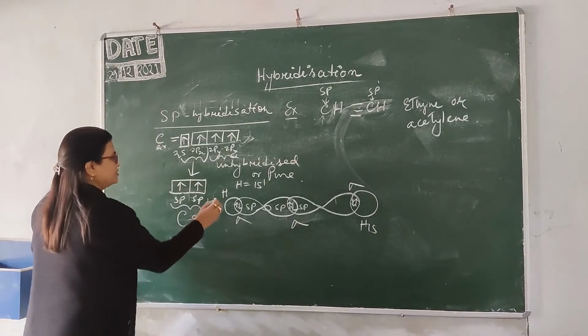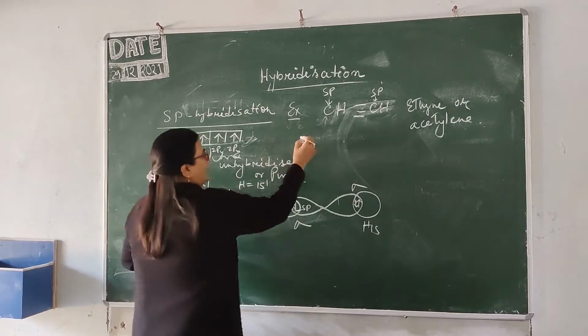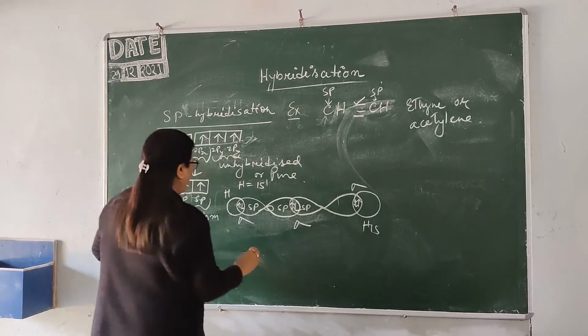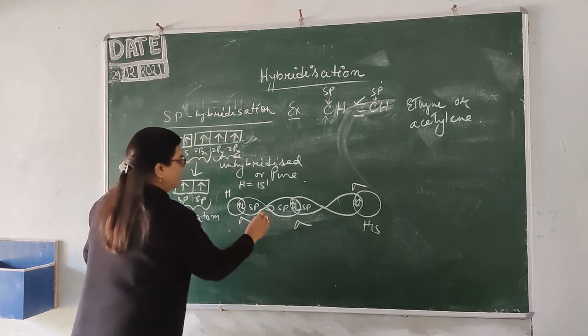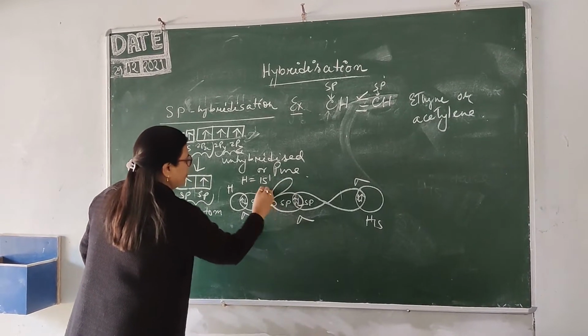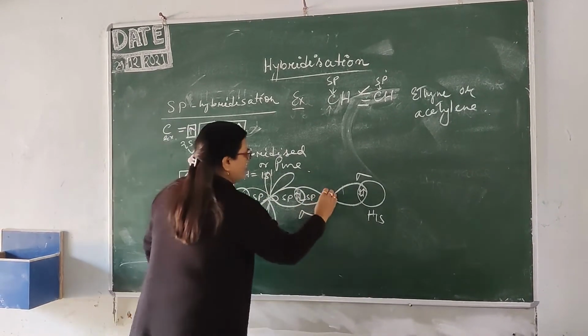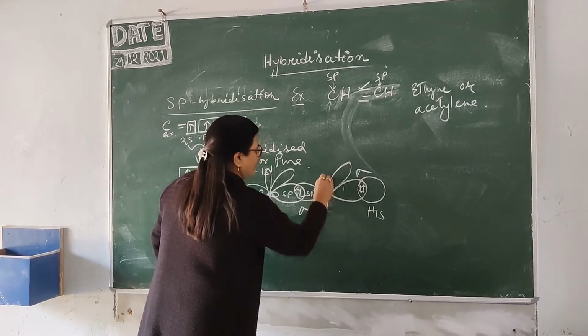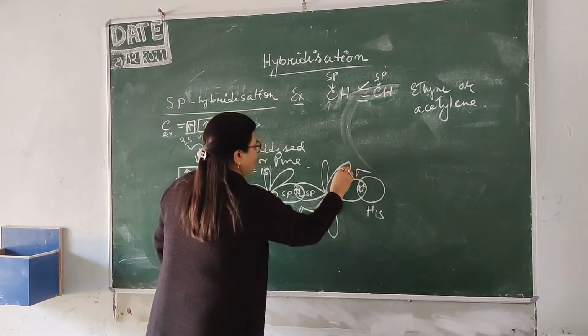That means there are two p orbitals on each carbon.